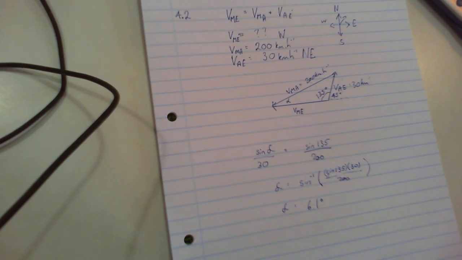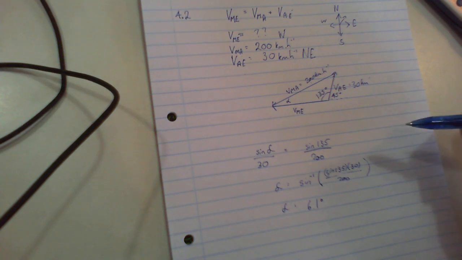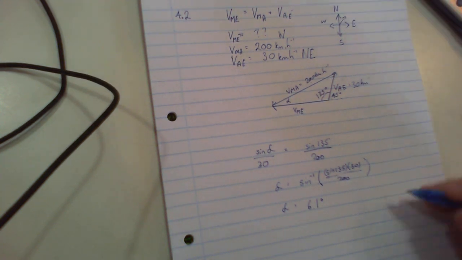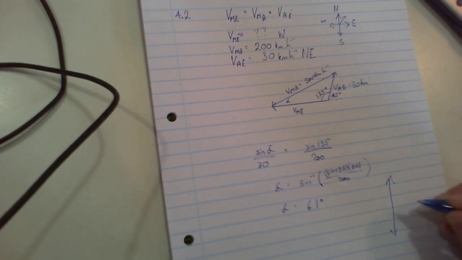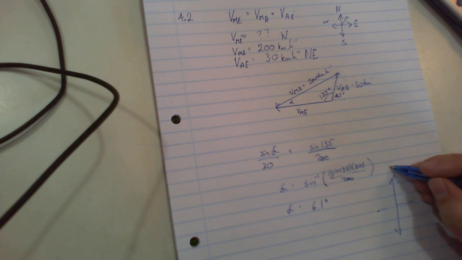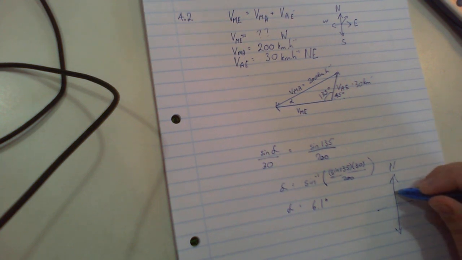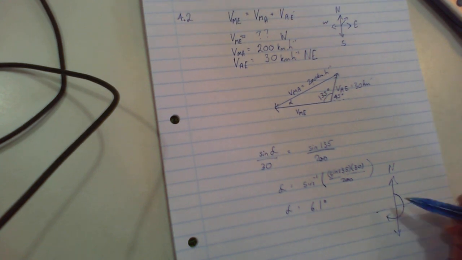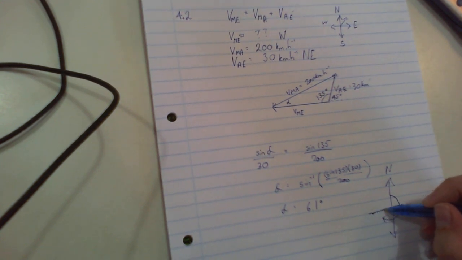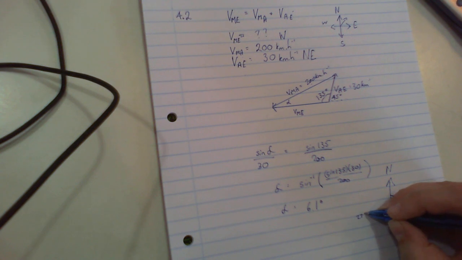Is that our final answer? No, it asks for the bearing. What is bearing, you ask? It is the angle clockwise from north. Let's just put a compass here where you can see it. So if we're going due west, that's 270 degrees.